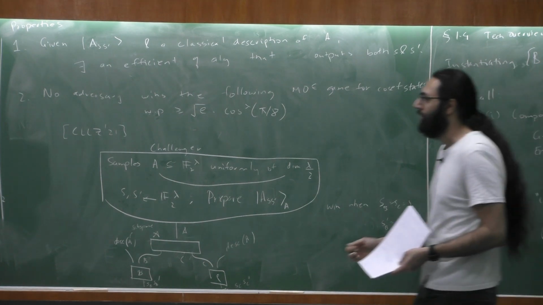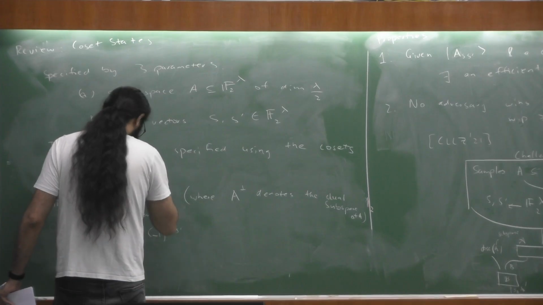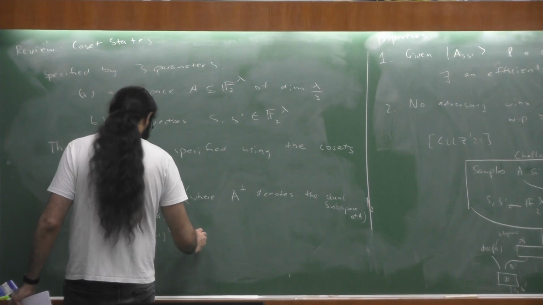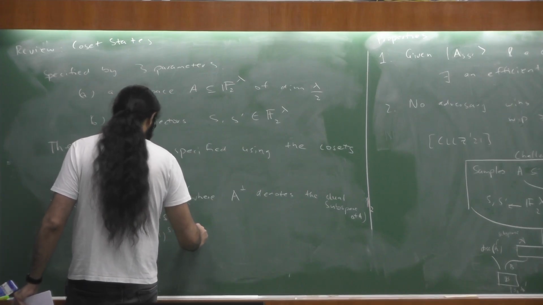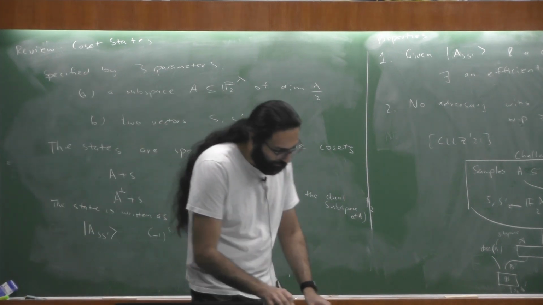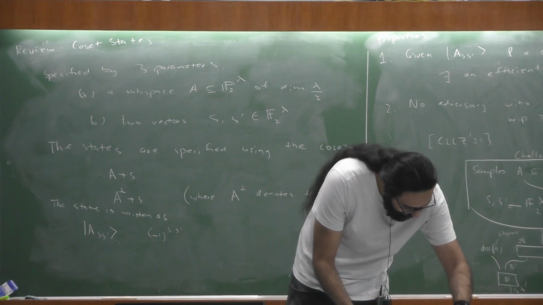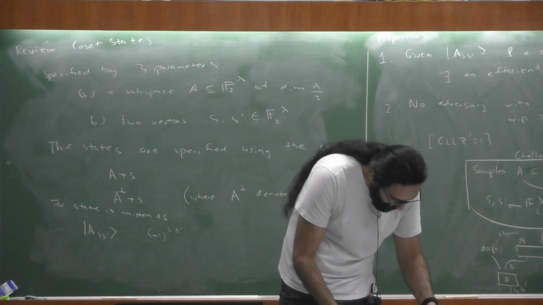It's in the definition of the coset state A, S, S prime. I haven't defined it yet. It's something like minus 1 to the S dot S prime. Yeah, wait, what is the formal definition? Yes, it clearly tells you I've not proved anything about this myself. Okay, so the definition, let's see.